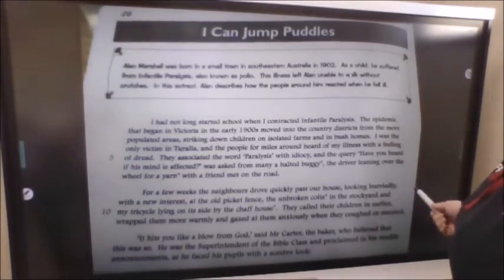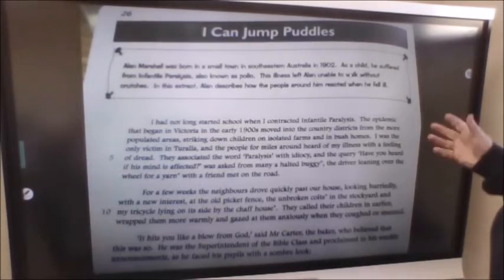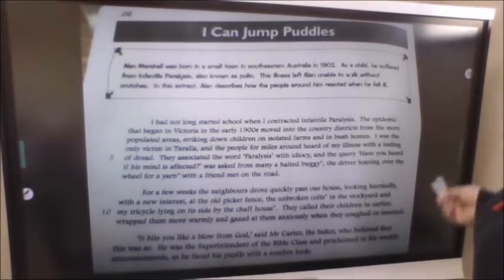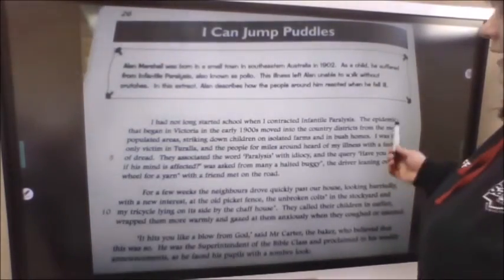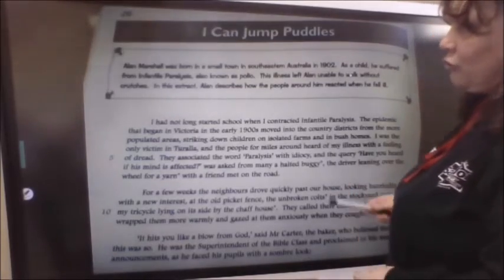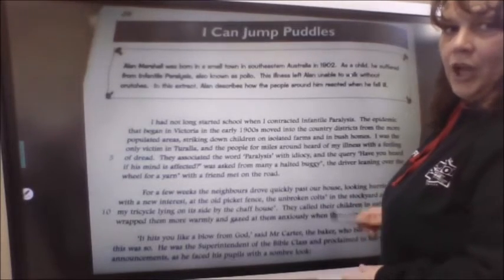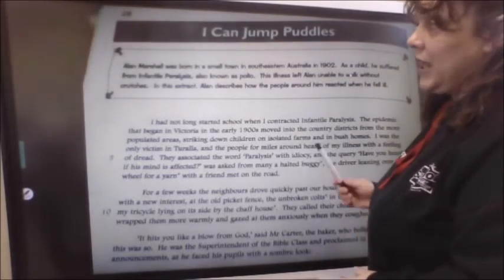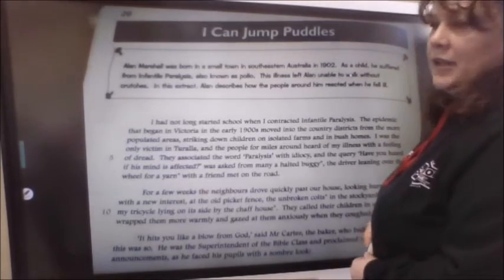So we've got an autobiographical account of what happened when Alan Marshall fell ill with infantile paralysis, which is known as polio. We don't tend to get that as much nowadays, particularly in this country, but it was quite prevalent when he was younger, in the 1900s.